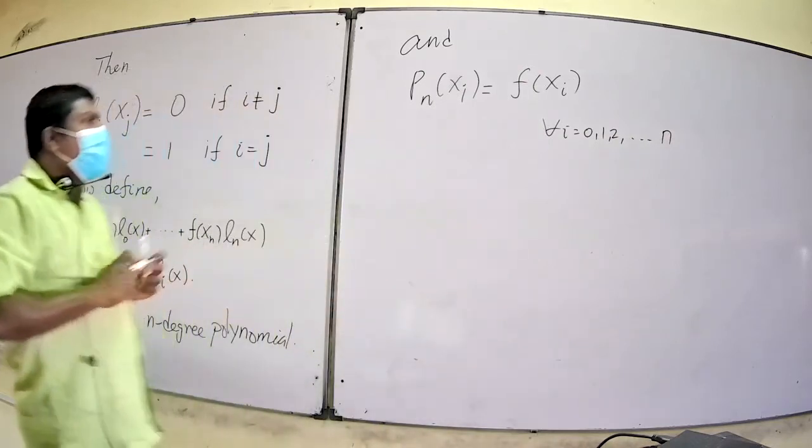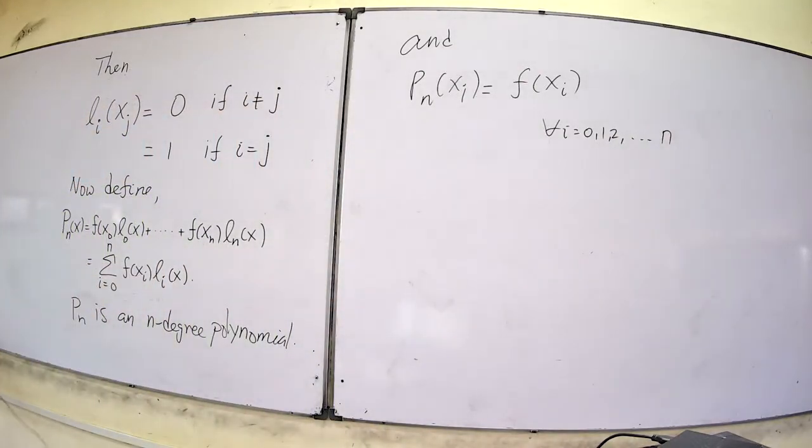So you can clearly see that Pn of x naught is f of x naught, Pn of x1 is f of x1, Pn of x2 is f of x2, and so on, because of this property of Li. So Li of xi is 1, all the others are 0. So that is how you can see that Pn of xi is equal to f of xi for all i.